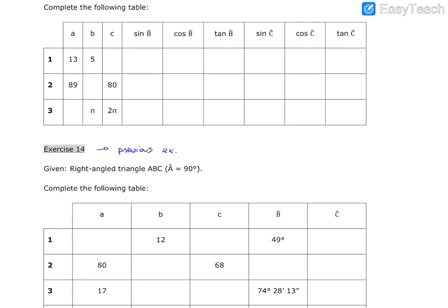So the examples in 2.3.3, 4, and so on, it is very similar. Make sure you start by drawing a triangle, adding all the information, and then start looking for the missing elements. So for the first exercise, that would be A, C, and C.